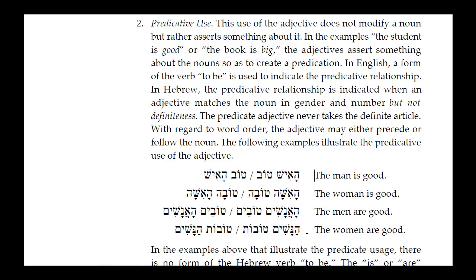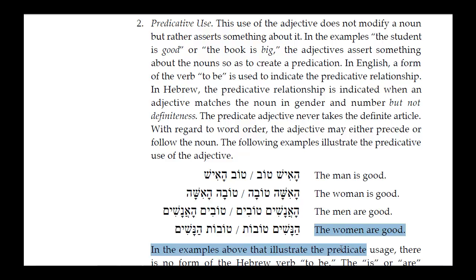Hanashim tovot, tovot hanashim. You can see that tovot agrees with hanashim in gender and number. They're both feminine and plural. Again, remember tovot, the ot is showing the true gender of that noun. But it doesn't have the definite article in it.